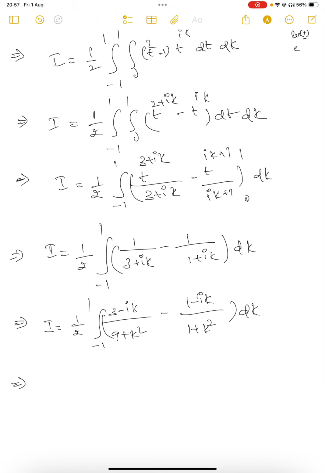Let's do one thing here. Let's evaluate separately the real term and imaginary term.